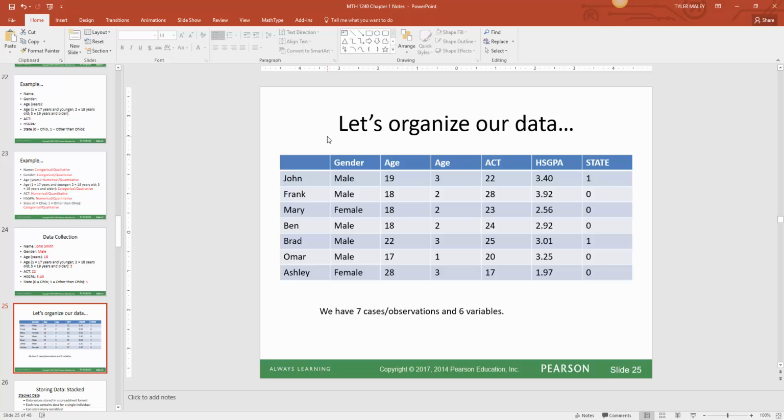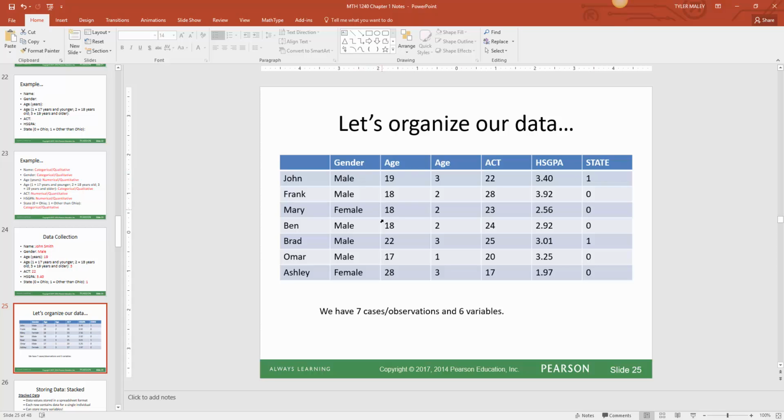This is an example of what's called stacked data. Each row is one particular person, and each one of these columns is a statistical variable. So John is a male, and John is also not from Ohio, so he got a 1.